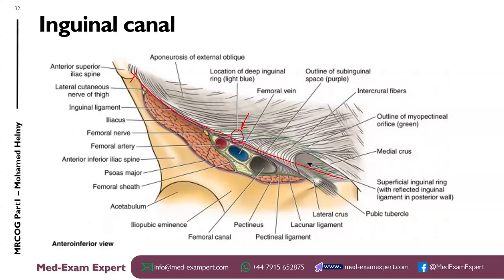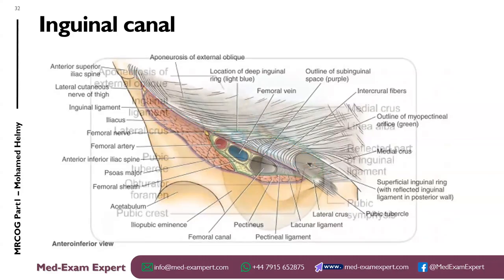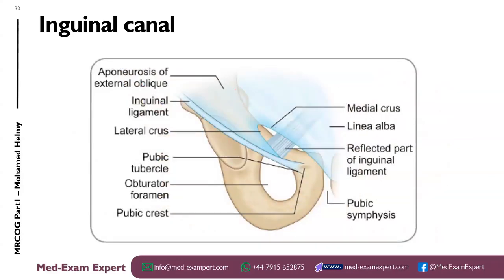We said the canal is not taking the entire length of the ligament. No, the canal is just above the medial part of the inguinal ligament here. This is the canal, okay? This is another picture. This is the external oblique aponeurosis. This is the inguinal ligament.